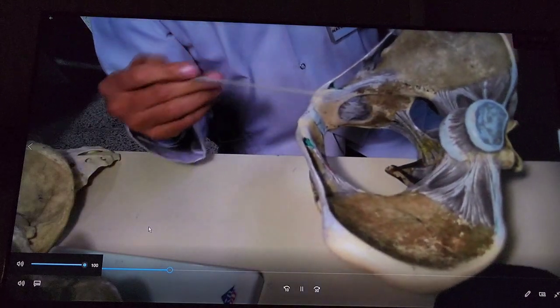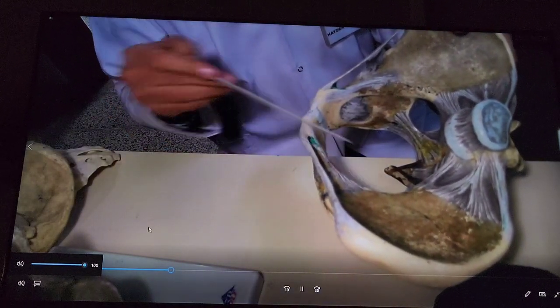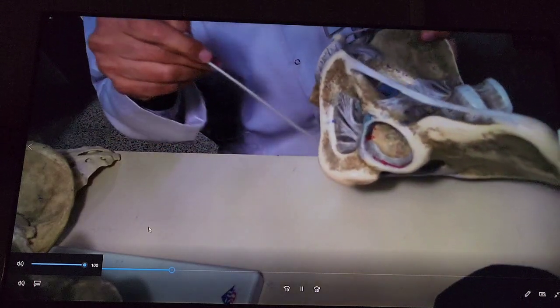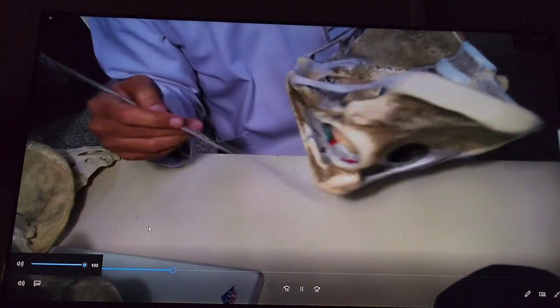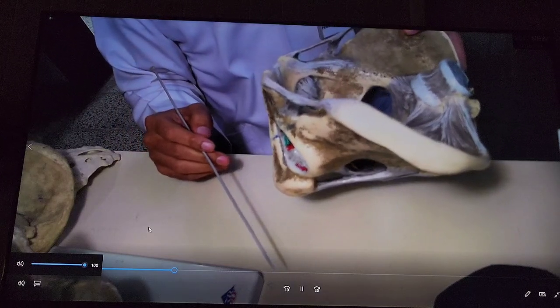The area between the inlet and the outlet is called the pelvic cavity.